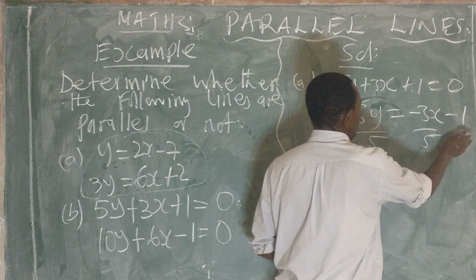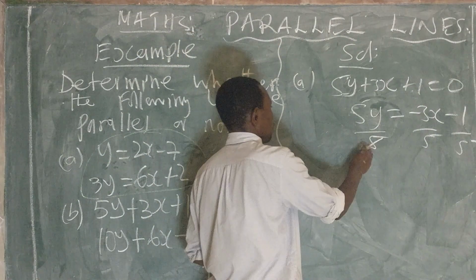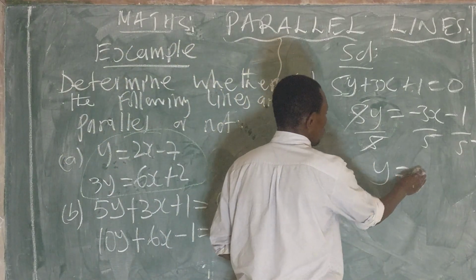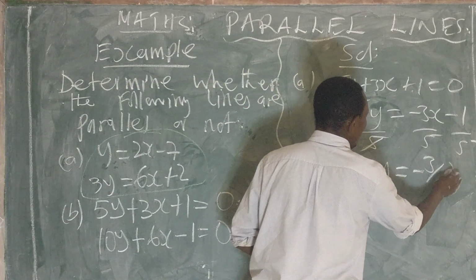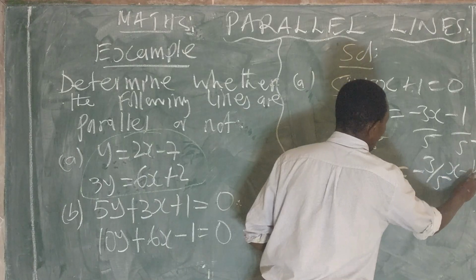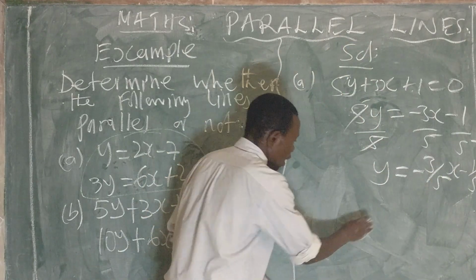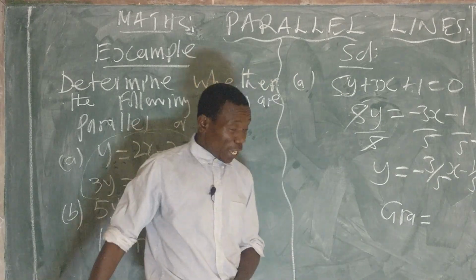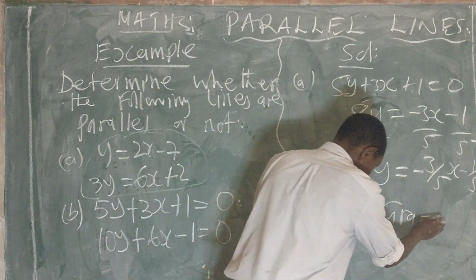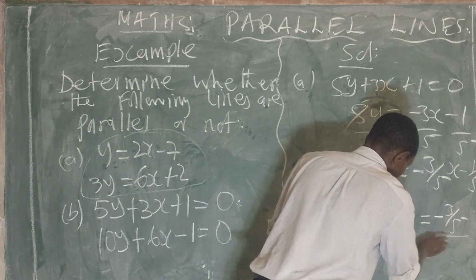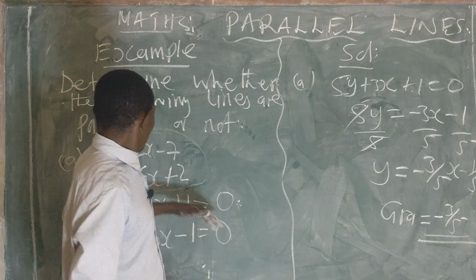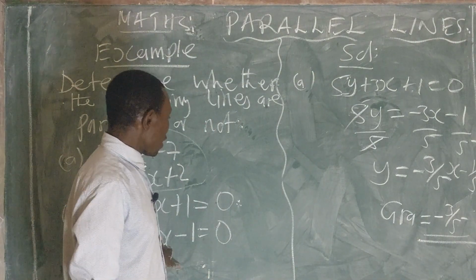Divide by 5, divide by 5, divide by 5. So 5 over 5 is 1, and I have y = -3/5 x - 1/5. So our gradient is equal to the coefficient of x, and in this case it is -3/5.